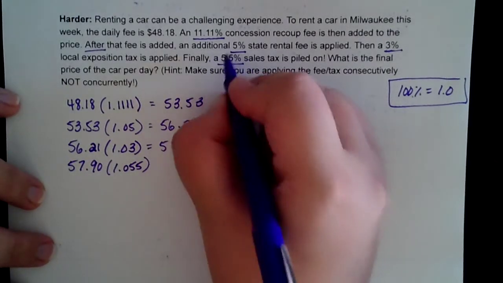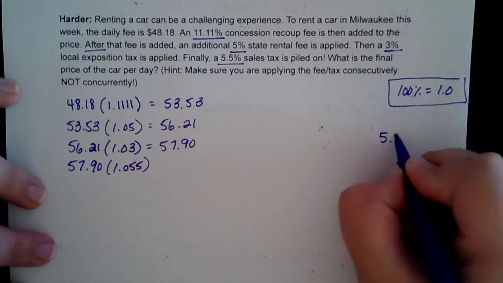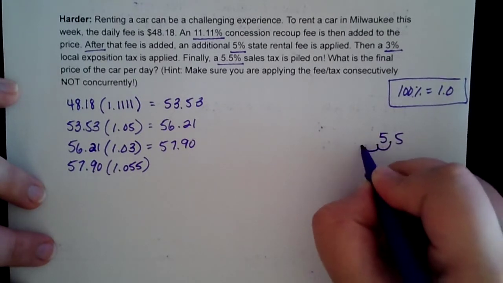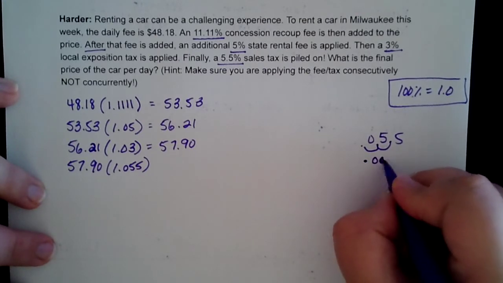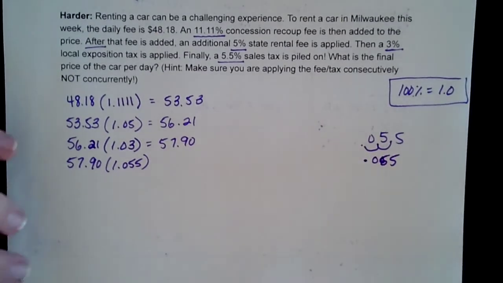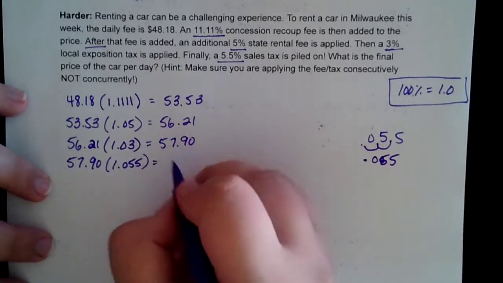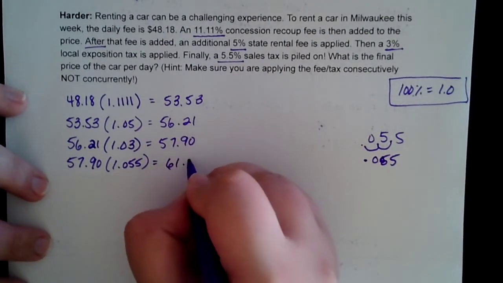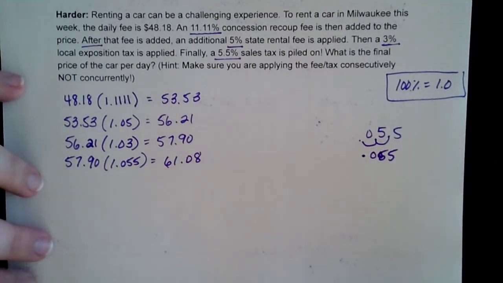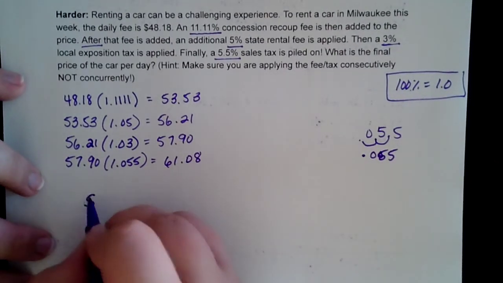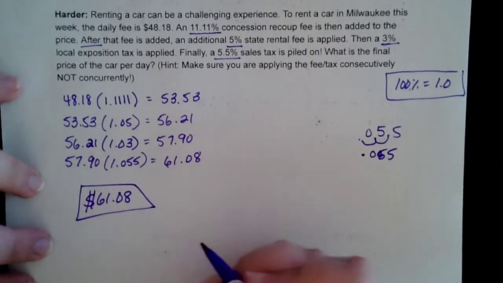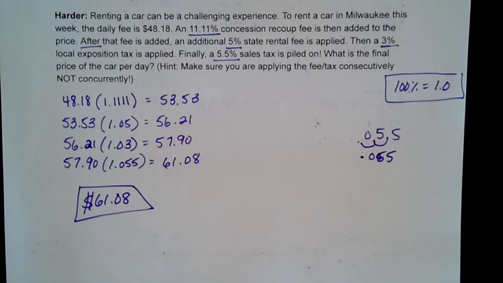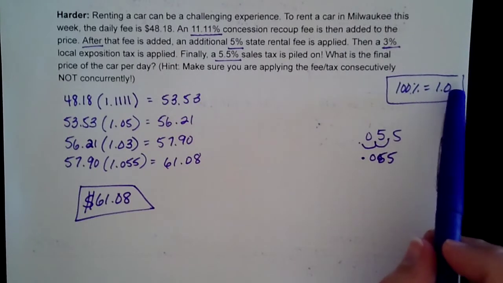Remember to go from any percentage to a decimal, you're just going to move that decimal place 2 places. So 5.5% as a decimal would be 0.055. All right, final total comes to $61.08. There's no other tax we have to calculate, so our final price is $61.08.